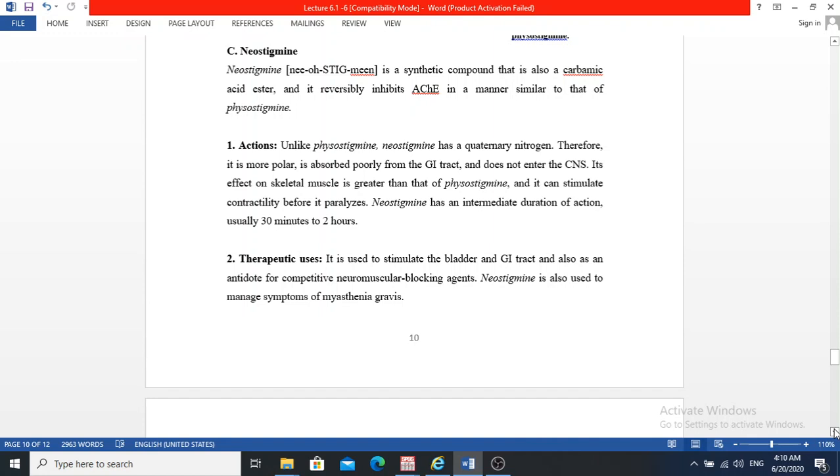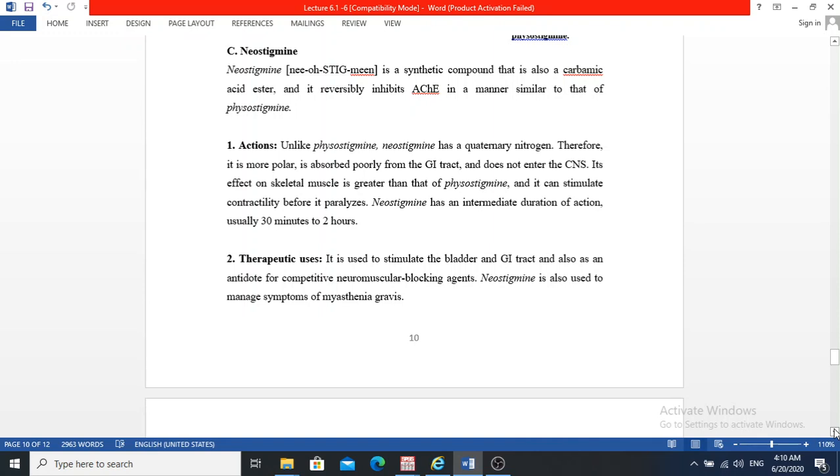Unlike physostigmine, neostigmine has a quaternary nitrogen, therefore it is more polar. It is absorbed poorly in the GIT and does not enter the CNS. Physostigmine has CNS effects; neostigmine has no CNS effect.